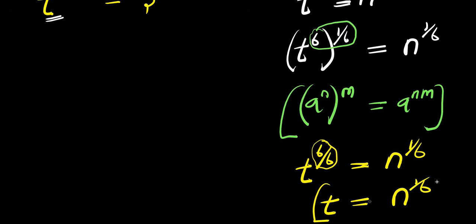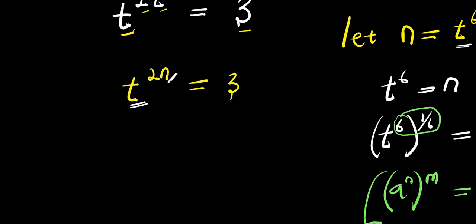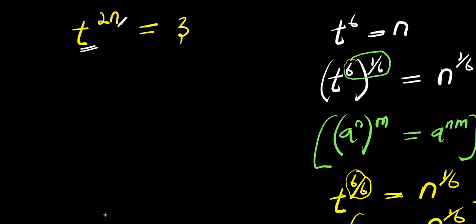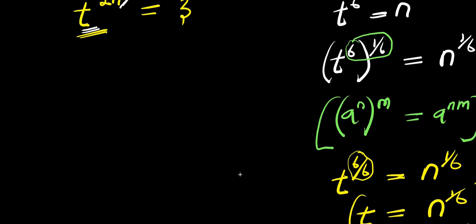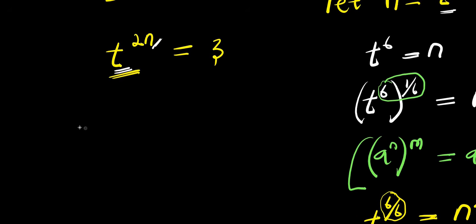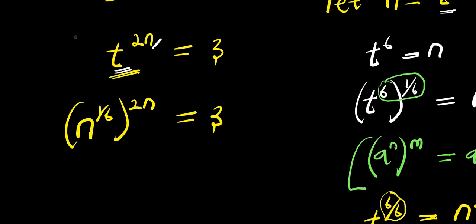So that is t. Now what we are going to do will be to replace this t here with n power 1 over 6, because that is our t. So we have n power 1 over 6 raised to the power of 2n equals 3.